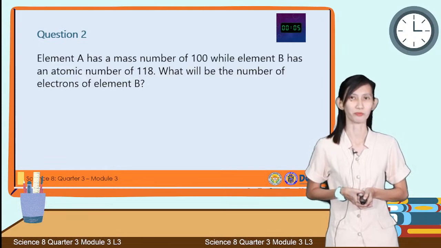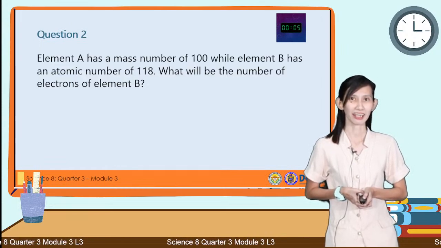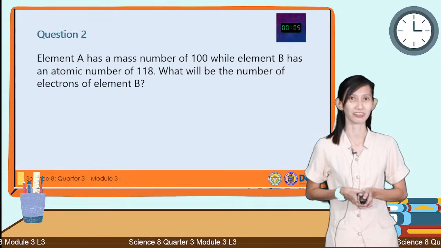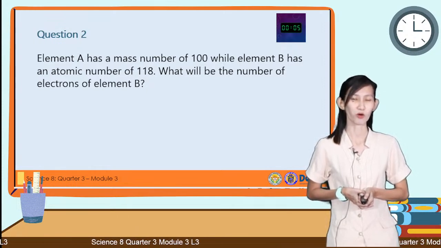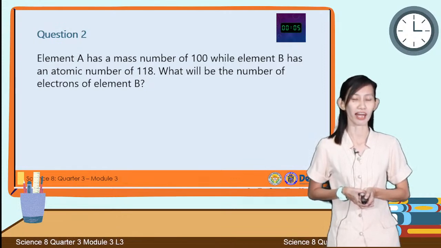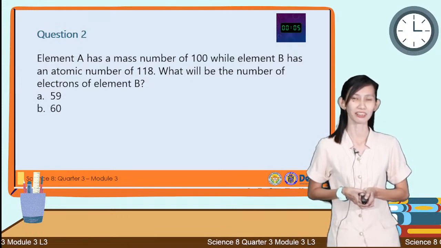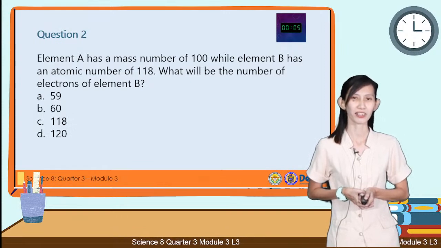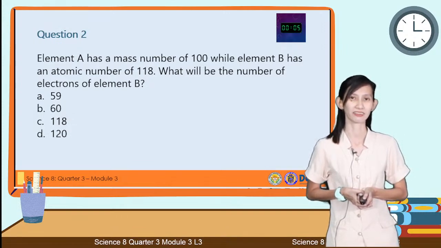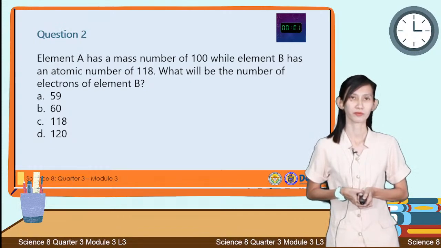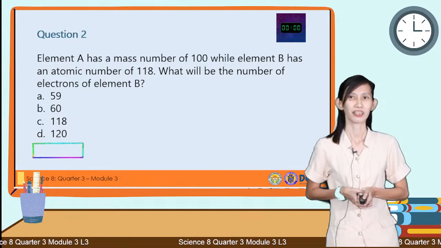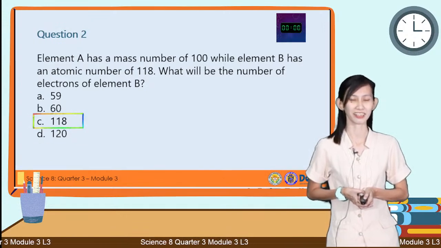Next question. Element A has a mass number of 100, while element B has an atomic number of 118. What will be the number of electrons of element B? A, 59, B, 60, C, 118, or D, 120? The answer is 118.